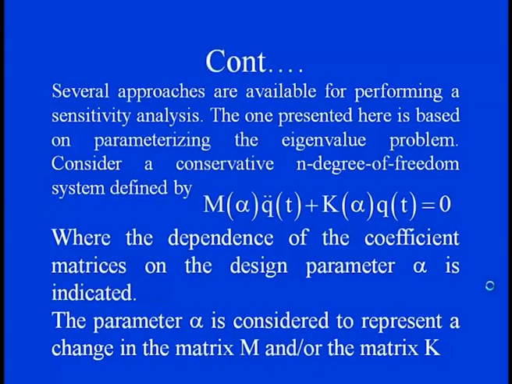Several approaches are available for performing sensitivity analysis for such a case, and here, if we go with a parametric variation in the eigenvalue problem, we can take the n degrees of freedom system, say M of alpha, which has the mass features of the material, M(alpha) q double dot (t) plus K(alpha) q(t) equals 0, where we are trying to show the dependence of these mass or stiffness matrices on the coefficient matrix.